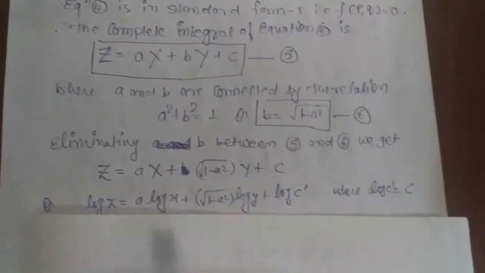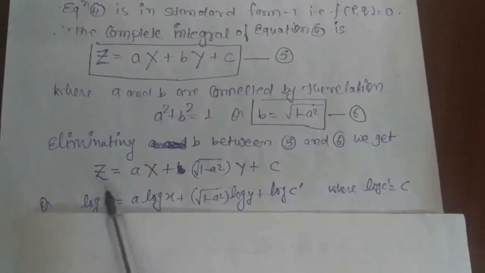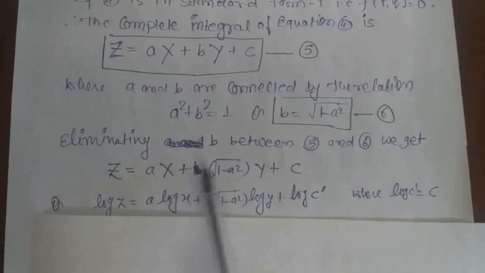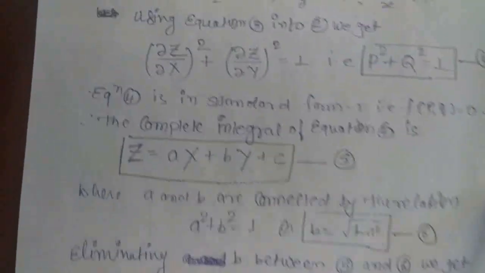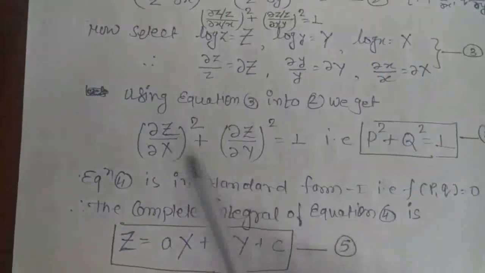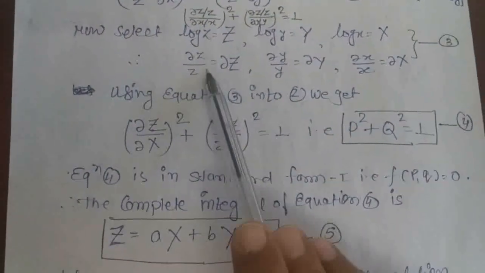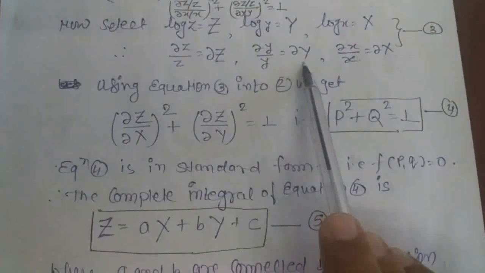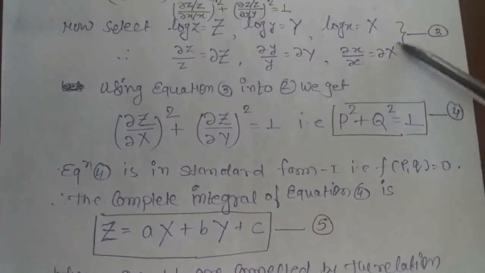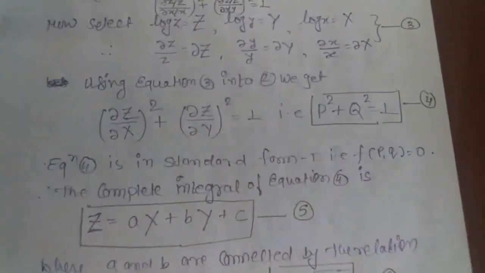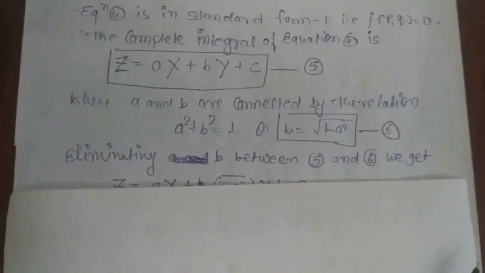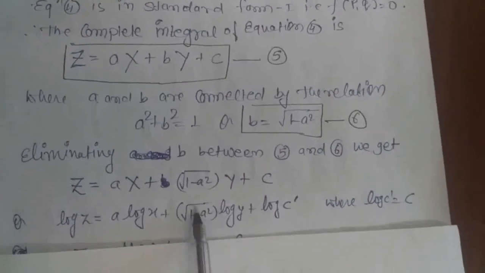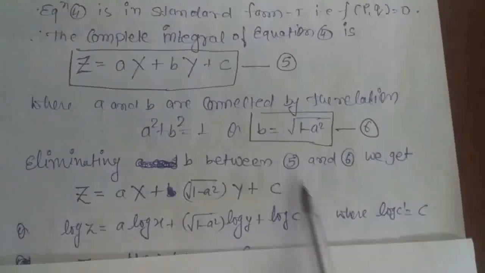Now for the complete integral of our equation, that is equation 1, we replace the values of capital Z, capital X and capital Y. If we integrate these expressions, we get log z equal to capital Z, log y equal to capital Y, and log x equal to capital X. So replacing the values, we get log z equal to a log x plus root 1 minus a square log y plus log c dash.